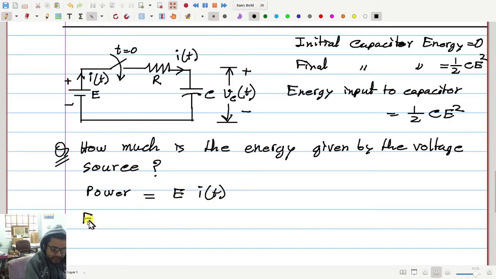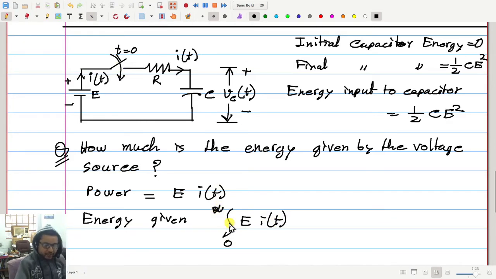So energy given will be the integration of E into I(t), starting from the moment when you close this switch up to time infinity.